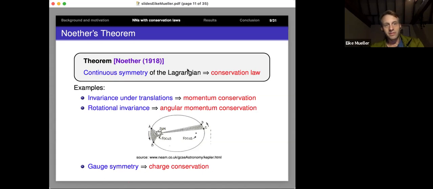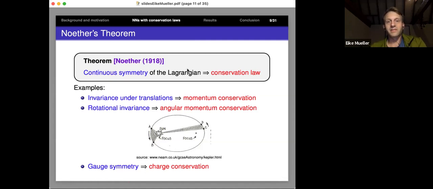Here are some examples. If you have invariance under translation, so if we take our physical system and we can shift it without changing the dynamics of the system, then momentum is conserved. And if we have a system which is invariant under rotations, so we take the system and rotate it, and the physics doesn't change, then angular momentum is conserved.